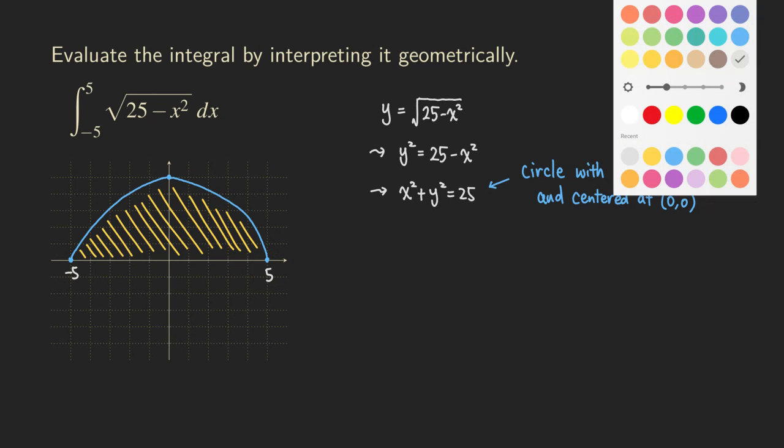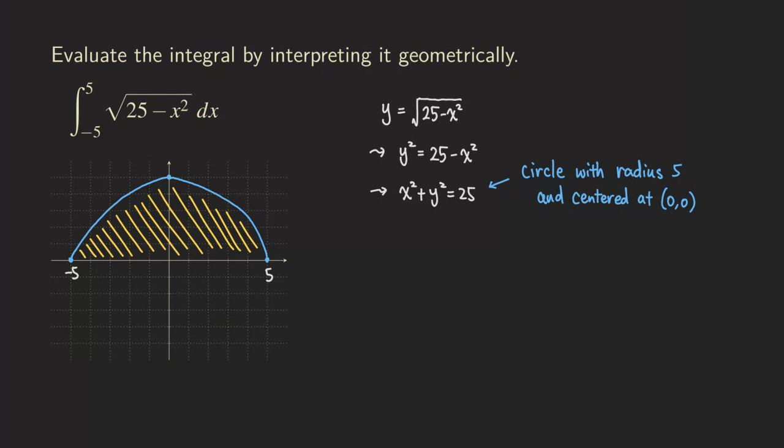Now how do we find the area? The area of the half disk is going to be 1/2 times pi times the radius squared. Now what is that radius?